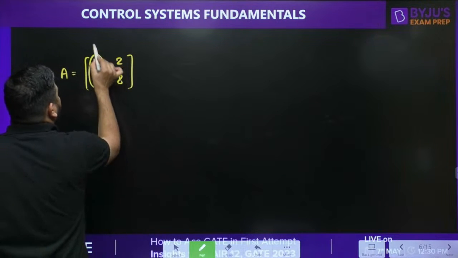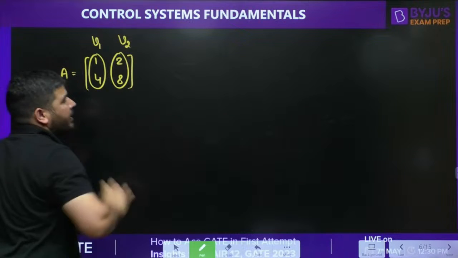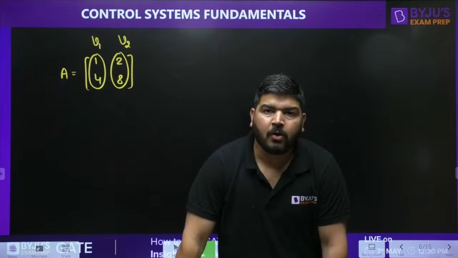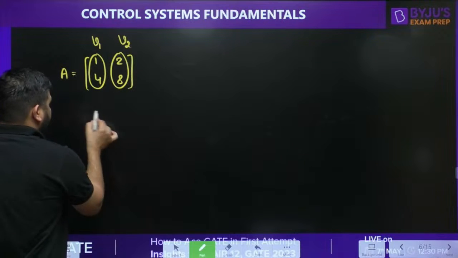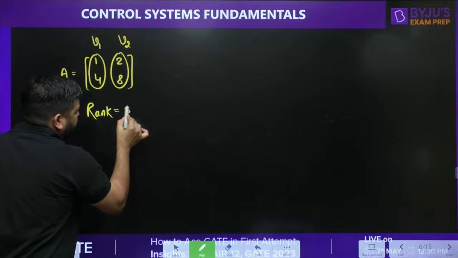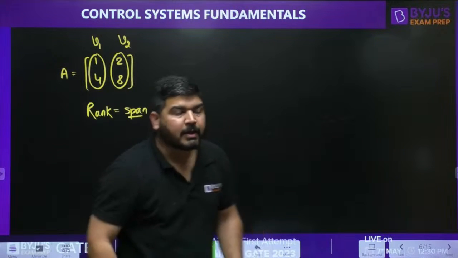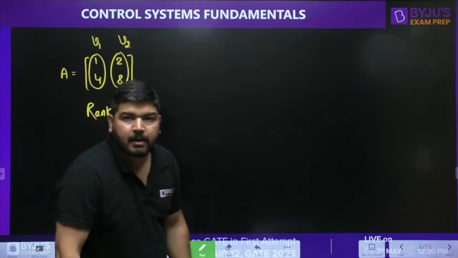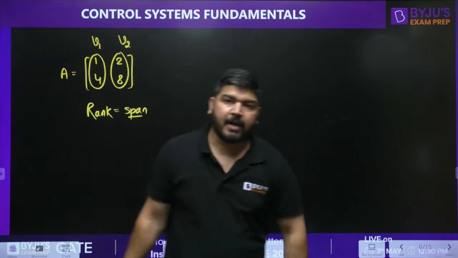One vector I call V1 and the other I call V2. Every column represents a vector, so there are two vectors. The rank will tell you about the span of these vectors. Now what is the rank of this matrix, by which you can calculate the span?